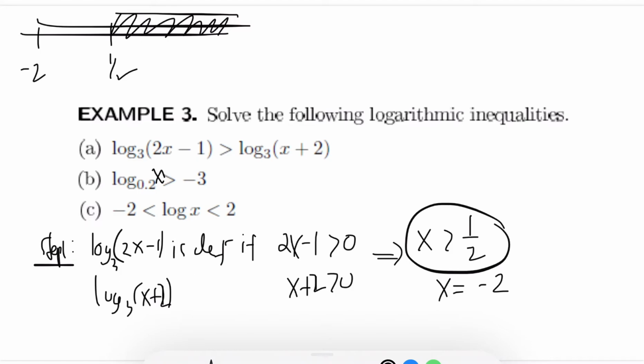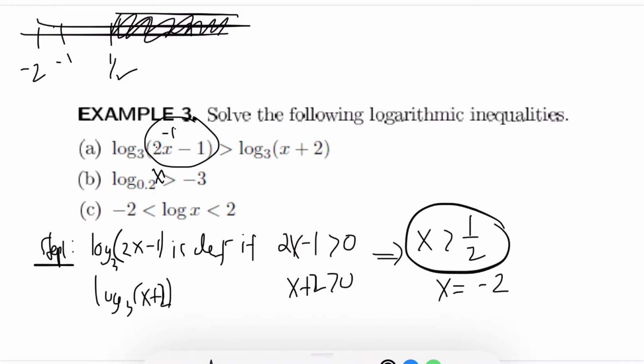Because what happens if you choose x greater than negative 2? Say for example negative 1. If x is negative 1, substitute negative 1: 2 times negative 1 is negative 2, minus 1, negative 3. So this makes the expression undefined. That is why we need to get the intersection. Your x must be greater than 1/2. So that is step 1.